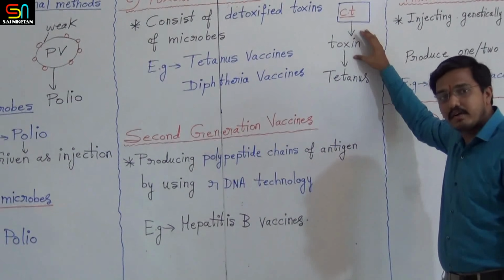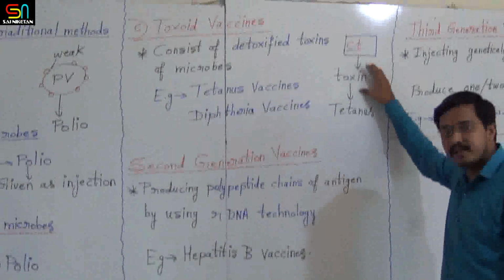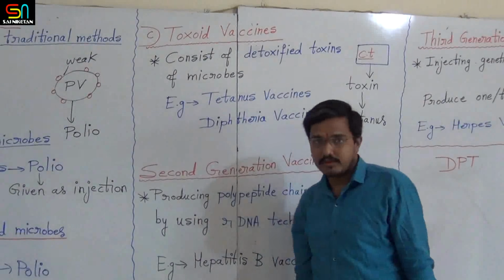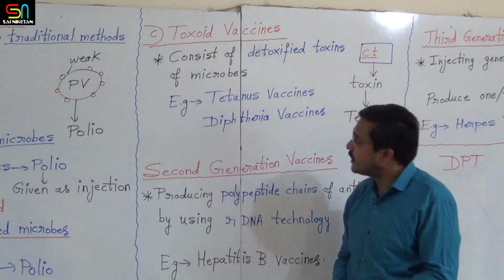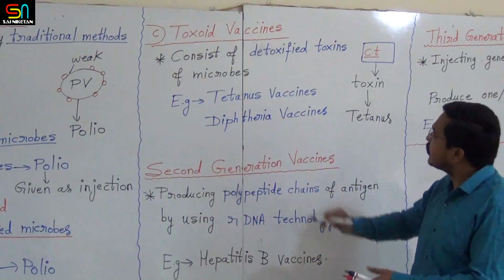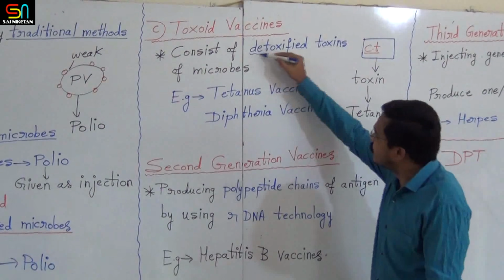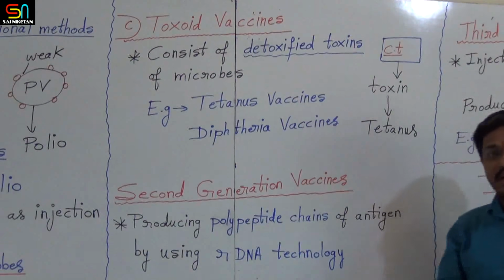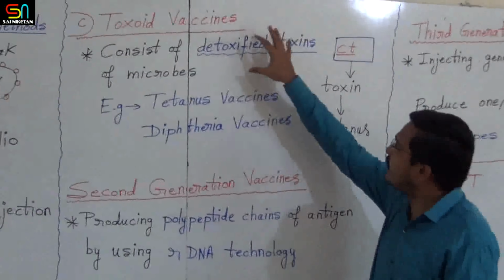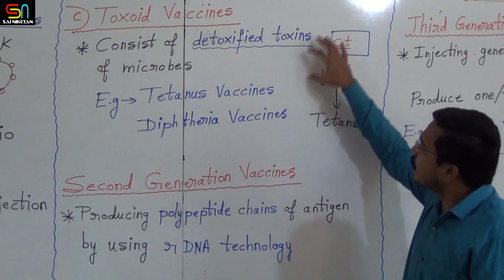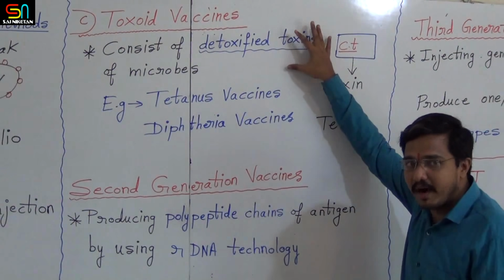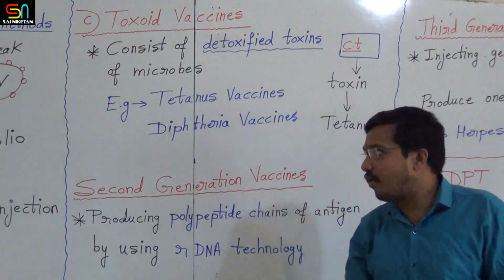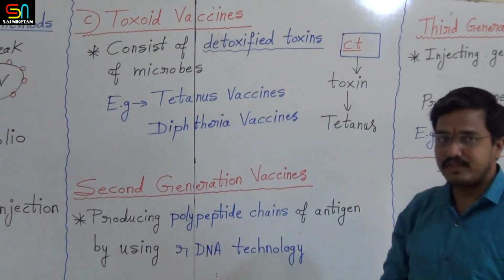If inactivated toxins of microbes are given as vaccines, that is called toxoids. So what are toxoid vaccines? They consist of detoxified toxins, inactivated toxins. If the toxicity of the toxins is removed and they are given as vaccines, that is what is called toxoid vaccines.